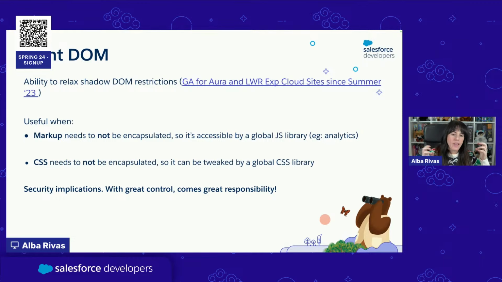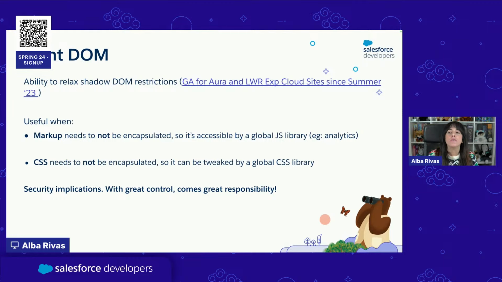But in some specific cases, there is a desire to not have those components encapsulated, because we want some global CSS libraries or global JavaScript libraries or third-party JavaScript libraries to play with the elements of our page, okay?